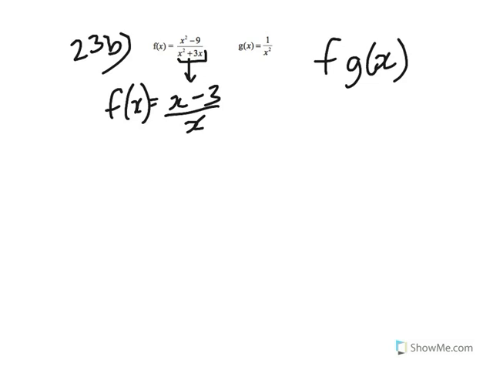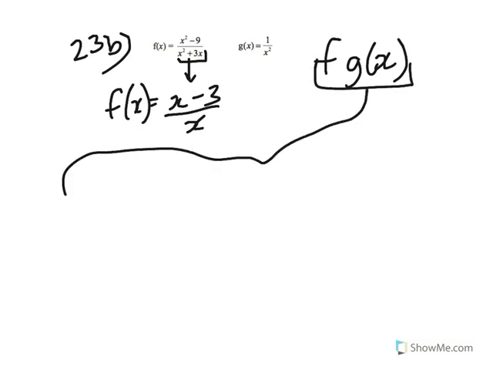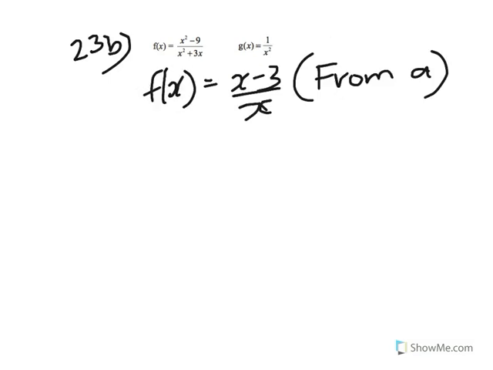When you're doing a composite function, f of g of x, which combines the two functions, first of all you have to imagine that g of x is the x in f. So you take this g of x and substitute it in for x in f of x. Think of this as your x for f of x.